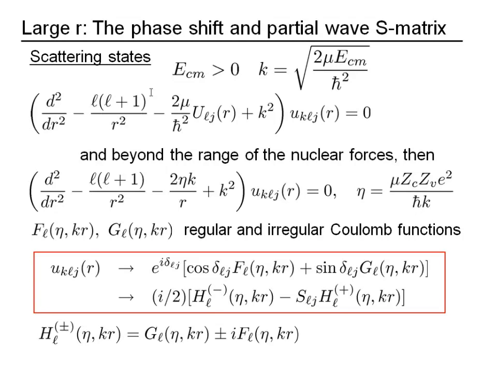And so this combination, cos plus i sine, would normally be a complex exponential function. So by taking this linear combination, instead of talking about cosines and sines, what we've got are exponential functions e to the i kr, and so this combination here represents waves that are coming into the collision, and this combination here, h plus, represents waves that are scattered and going out after the collision has taken place.